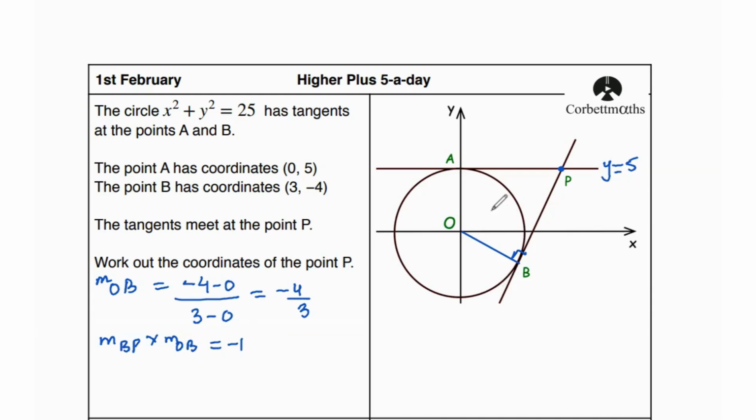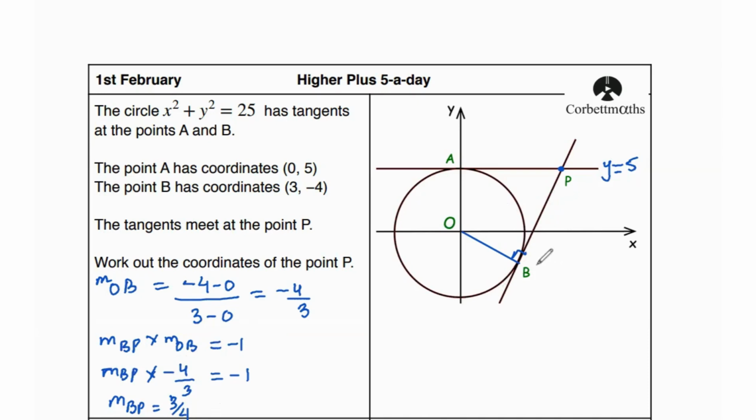For perpendicular lines, the product of the gradients is always equal to negative 1. So MBP times negative 4 over 3 equals negative 1. And MBP would be 3 over 4. That is the gradient of the line BP.